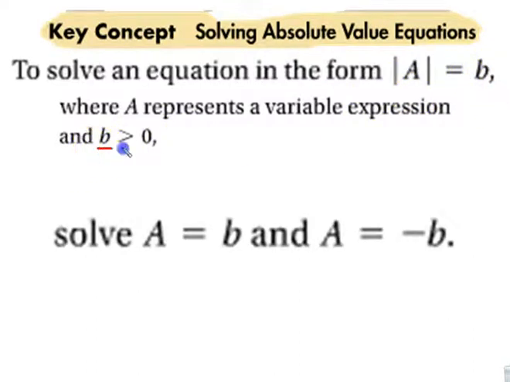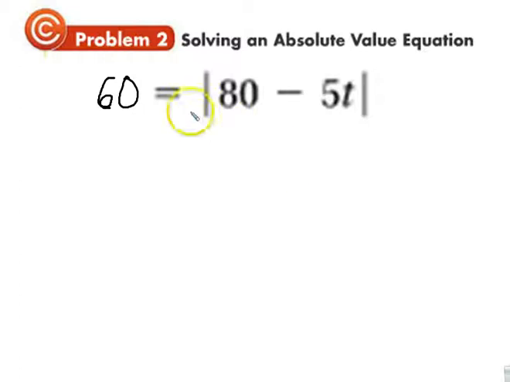This one's important. This one's going to come up later. In order to solve this, we're going to do capital A, that's what's in the absolute value, equals positive B, and the same thing is equal to negative B.